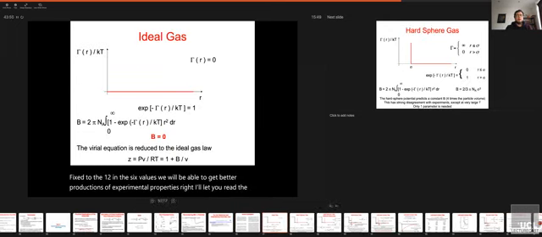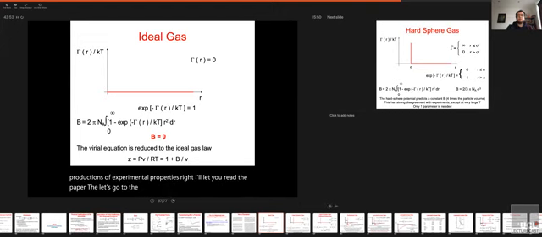Let's go to the ideal gas. The potential is equal to 0 as a function of the distance. So if you write 0 here, what you have is that the exponent of 0 is 1, so 1 minus 1 is 0. The integral of 0 over a very large distance is going to give you 0. So in the ideal gas, the second virial coefficient is equal to 0.